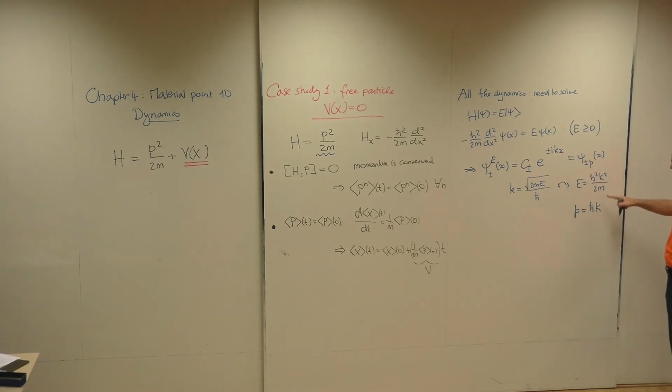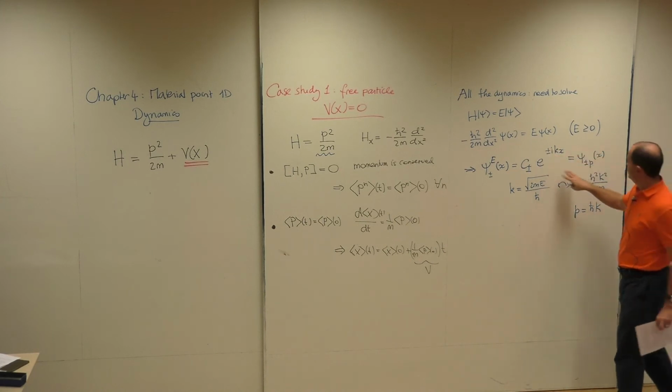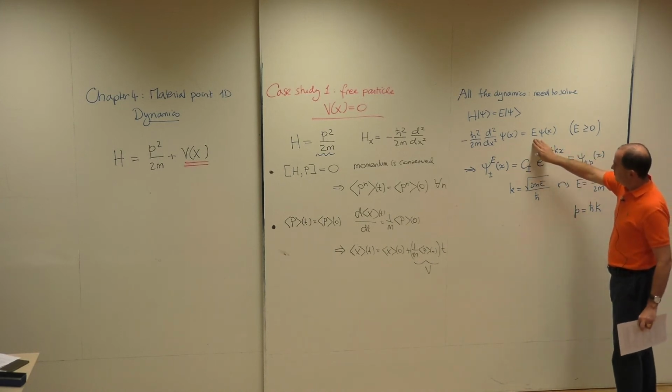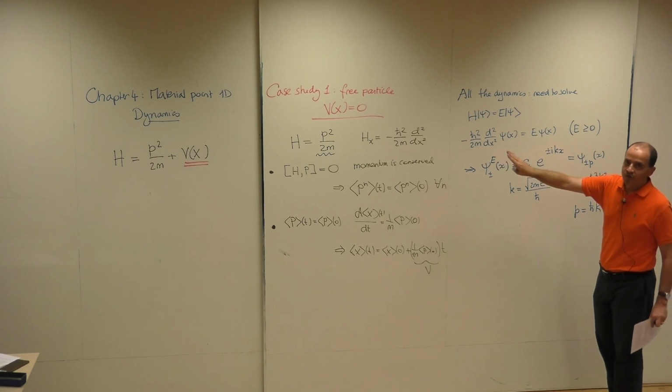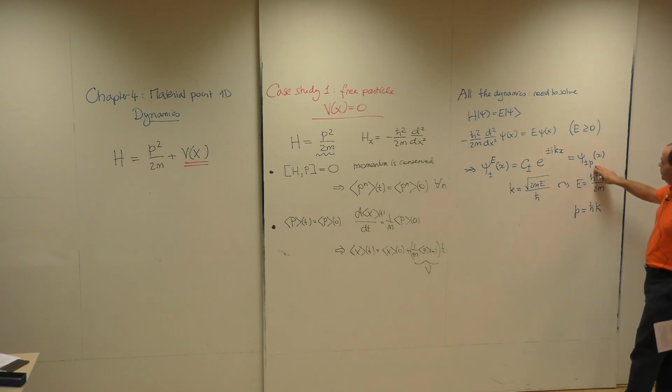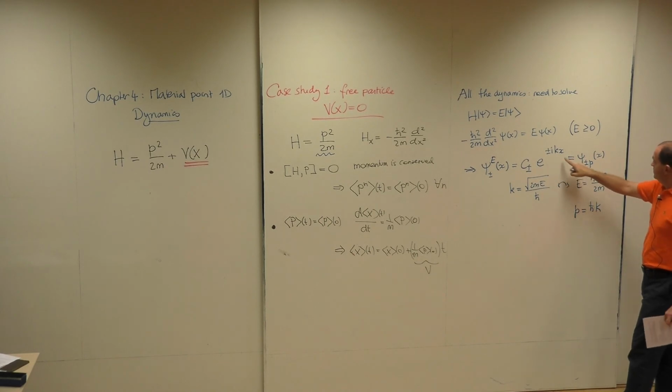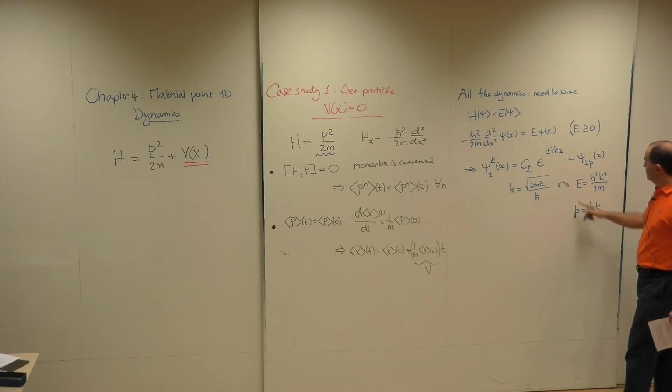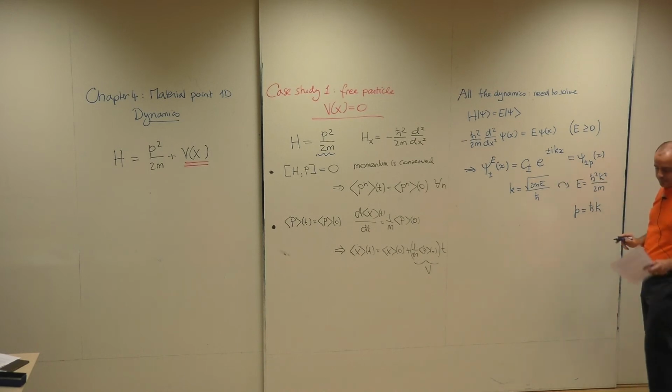So we can parameterize these solutions with the energy, but because it commutes with momentum, we can also parameterize with momentum, and you can check that indeed these are the solutions of momentum if I write k equal to p over h bar.